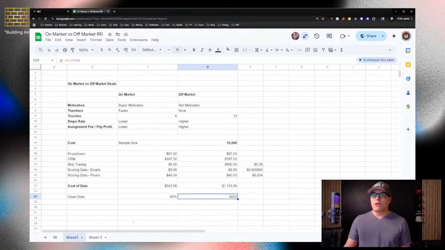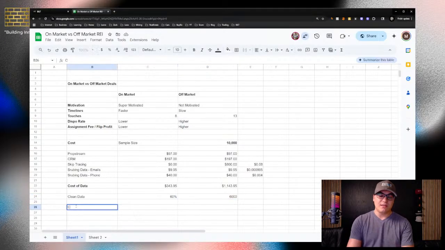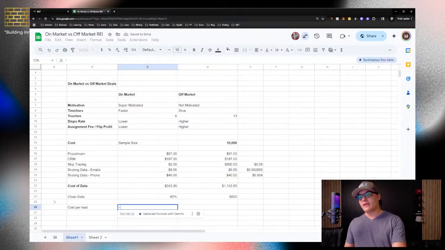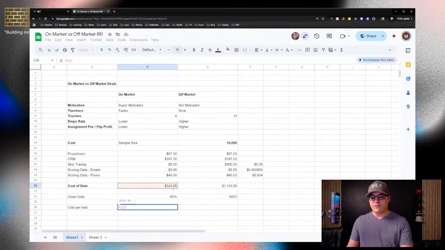So going back to now, what is your actual cost per lead in this instance? It actually is a significant difference. So cost per lead for your on-market deals is definitely going to be a lot cheaper, because we don't have this extra cost of skip tracing and so forth. But you still have the 343 divided by, let's say, 6,000 leads.